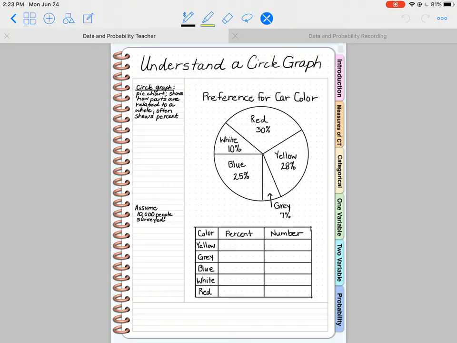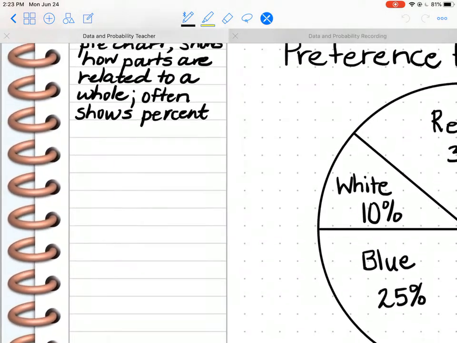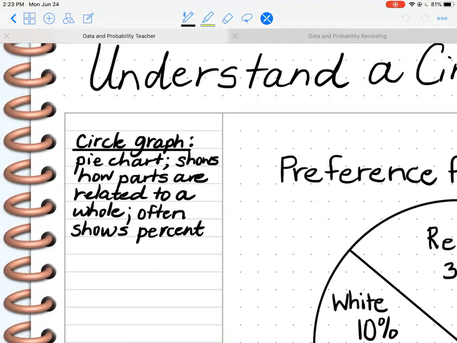The first thing I want to look at is the definition of circle graph. I'm not sure if I wrote this down for you or not. If I didn't, please pause the video and write your definition, and then we'll talk about what it means.